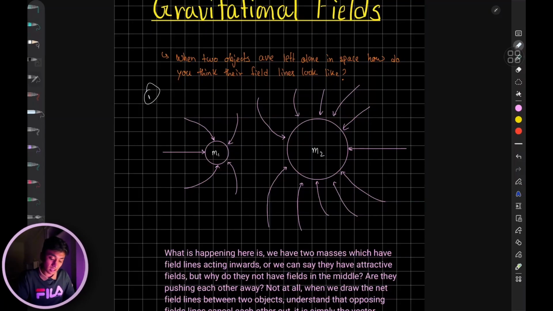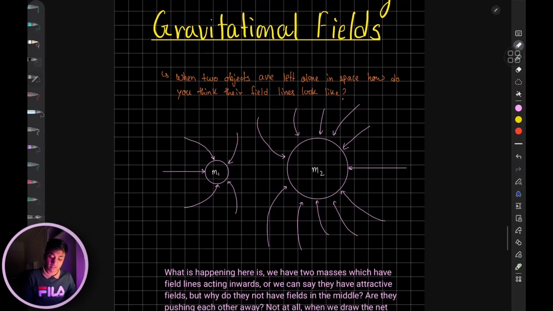So if there's a mass over here, M3, the GPE between this pair is added with the GPE between this pair if I am finding the GPE for M1. So the GPE of M1 will be the summation of the GPE between M1 and M2 plus M1 and M3. There's more to it, of course, but that's not a part of our syllabus.